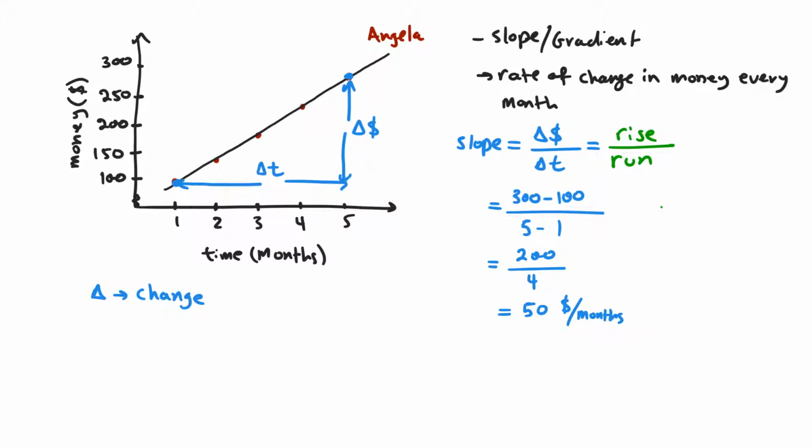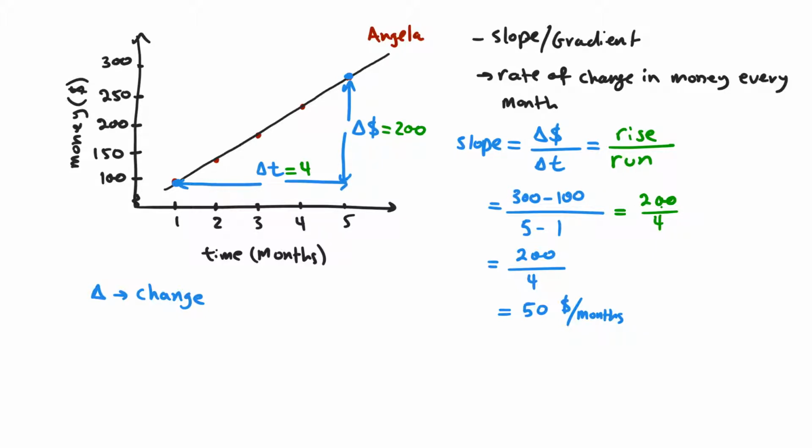Using the green method, which is rise over run, it's the same idea. Our change in dollars over here is our rise, so we're going from 100 all the way to 300, which is equal to 200. And our change in time, we're going from 1 to 5, so that's 4. So I can do 200 over 4.